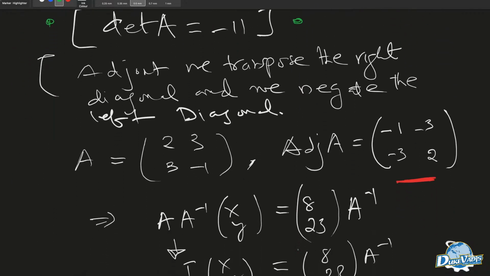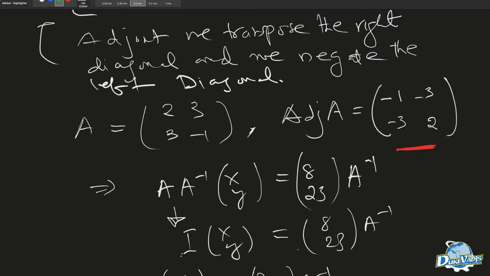Then the adjoint, as I said earlier: we transpose the left diagonal and we negate the right diagonal. The matrix A was given as 2, 3, 3, negative 1. So when we did the adjoint, we swapped negative 1 and 2, so negative 1 came up and 2 came down.